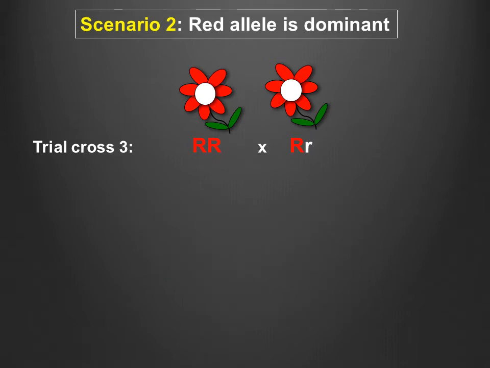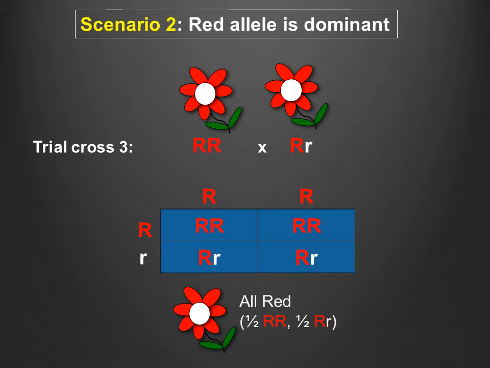Next is a cross of a homozygous dominant plant and a heterozygous plant. Once again, all offspring from this cross are red-flowered. Notice that like the scenario in which the red allele is recessive, all offspring from this cross, as well as the previous cross of two homozygous dominant plants, are red-flowered. This is an important point that we will get back to in a short while.